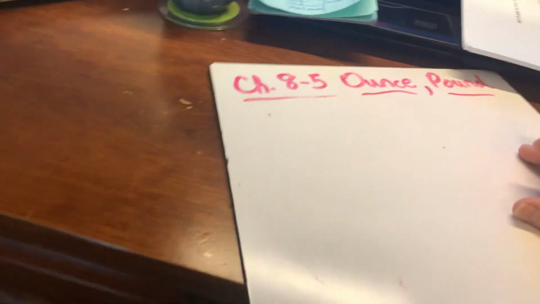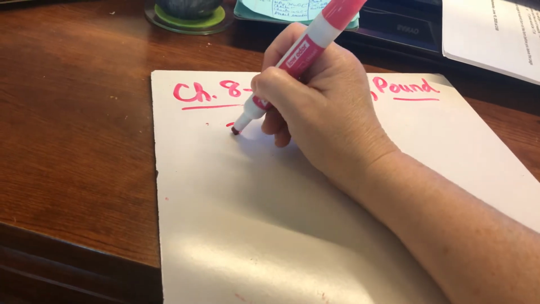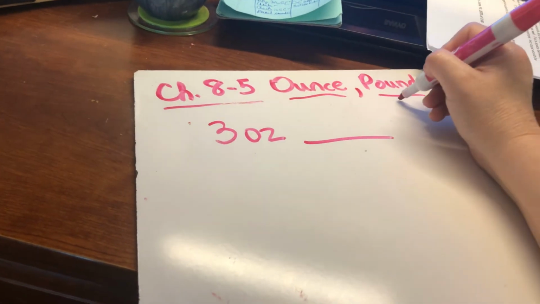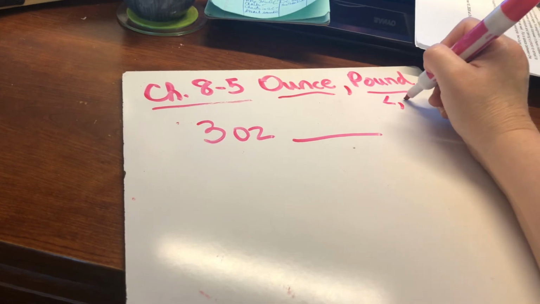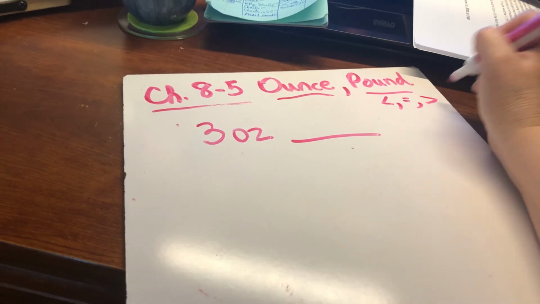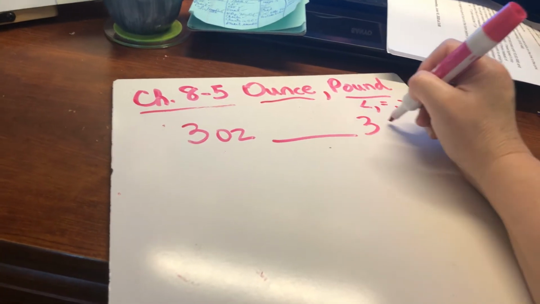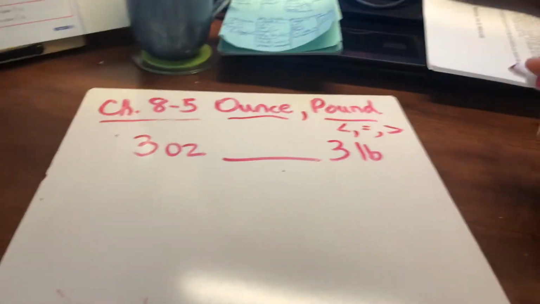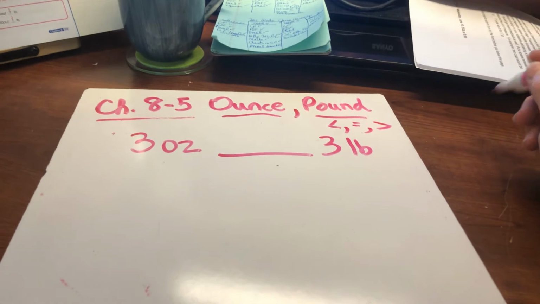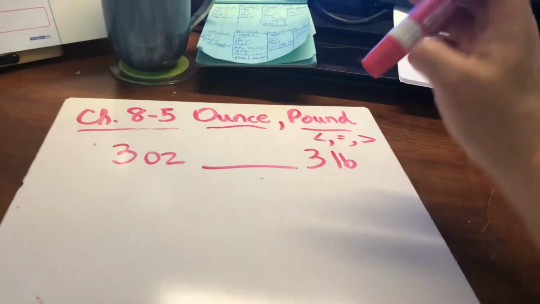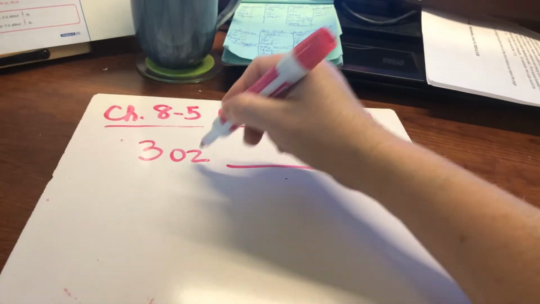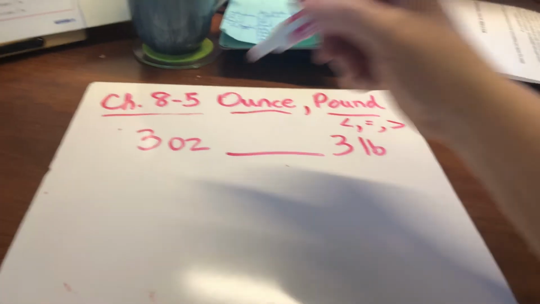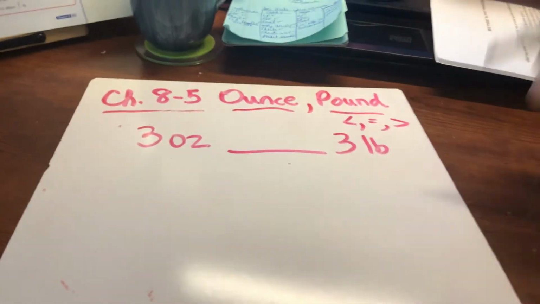Like if I gave you 3 ounces and you had to tell me whether it was less than, equal to, or greater than 3 pounds, you could do that quite easily. The first thing you have to do is look at the units. Which one is bigger? Is ounces bigger or pounds bigger? Hopefully you told me that pounds were bigger.